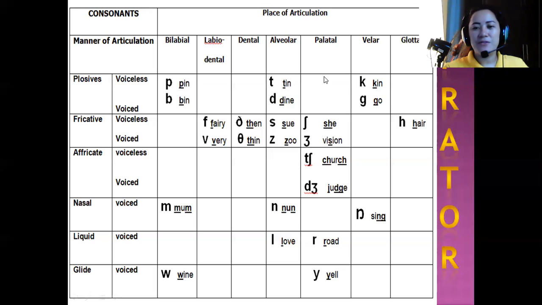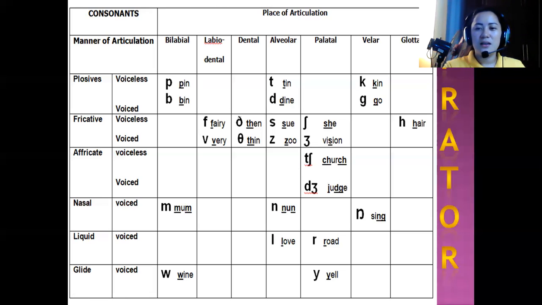We also have the velar. The velar is of course at the back of, or next to, your palate. Like k. The center part of your tongue is touching the velum. K is actually voiceless, so we are not supposed to produce the sound.